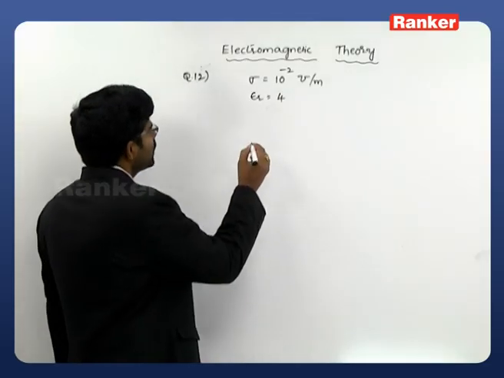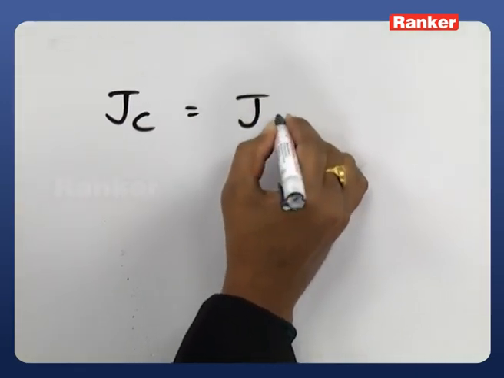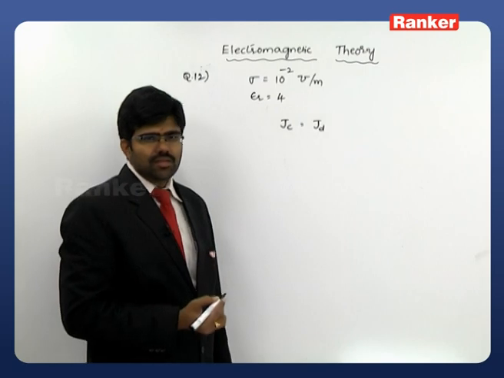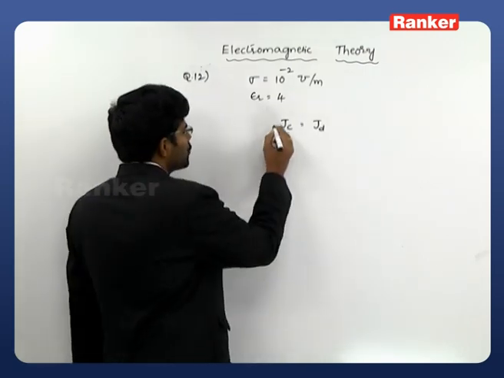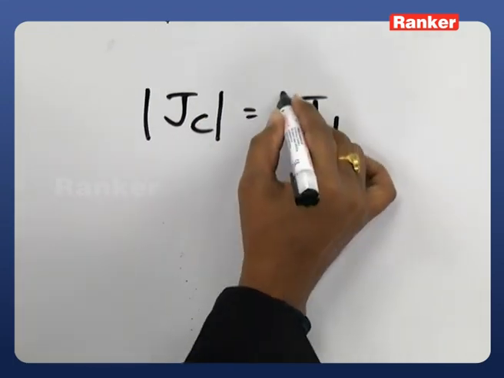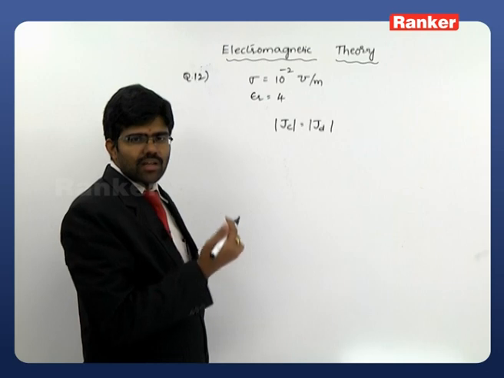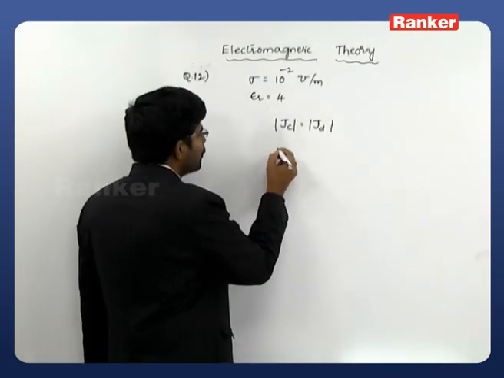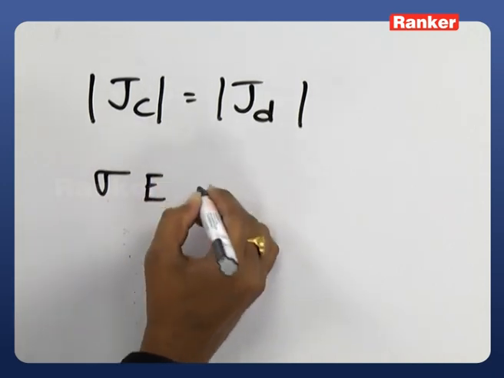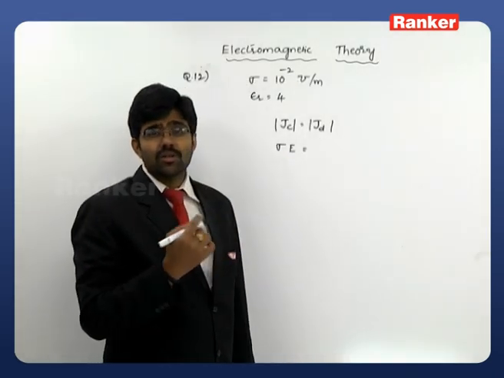So clearly, consider the conduction current density JC equal to the displacement current density JD. I am just taking the magnitudes of them, so magnitude of JC equals magnitude of JD. Recollect the fields in our materials. In that we got the JC equation: JC equals sigma multiplied with E, which equals JD. This displacement current was introduced in Ampere's law.